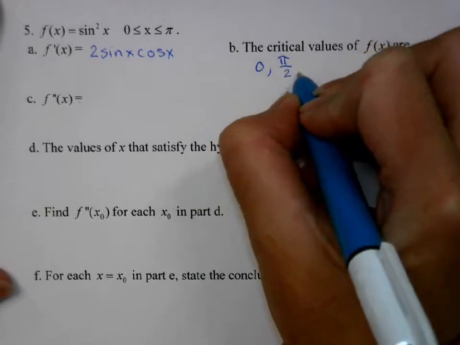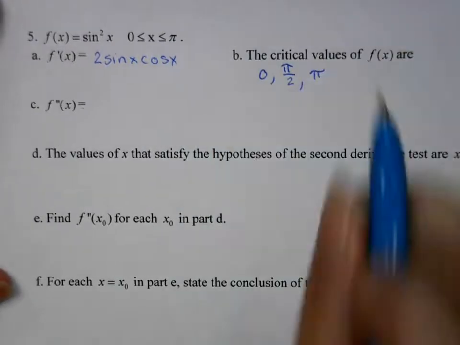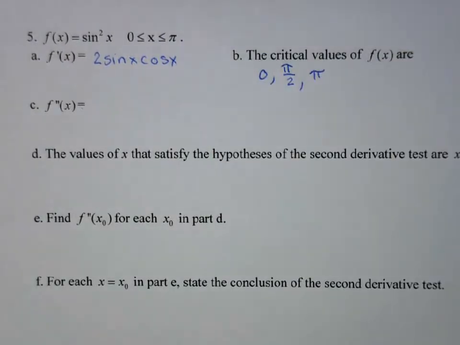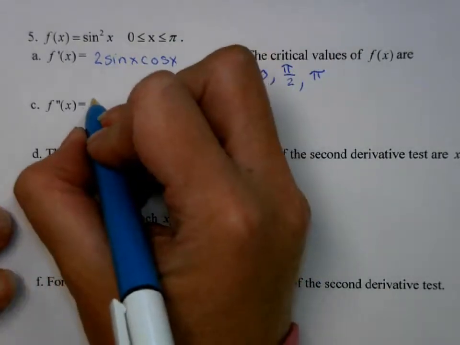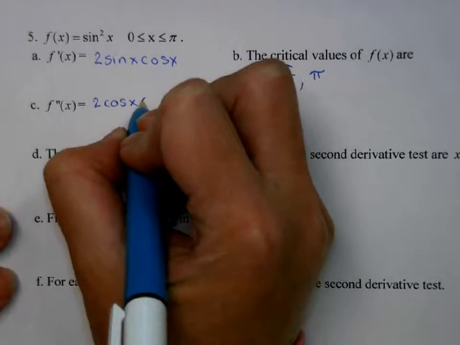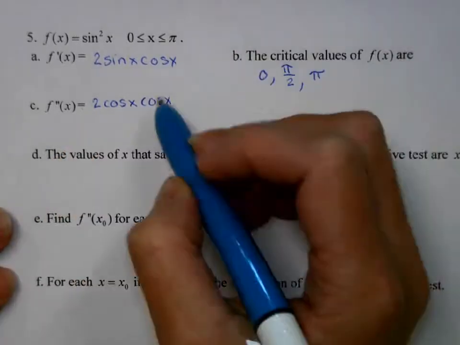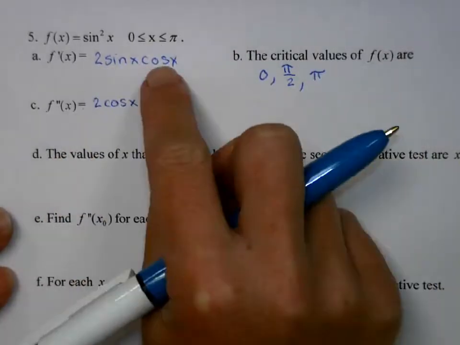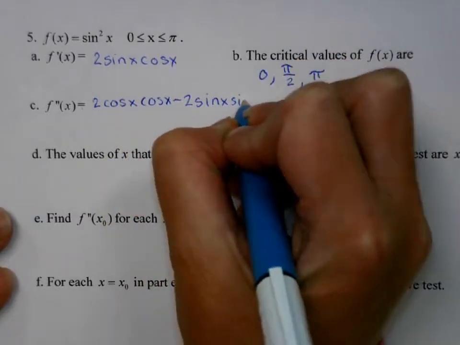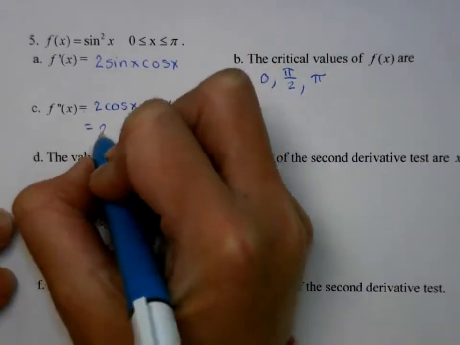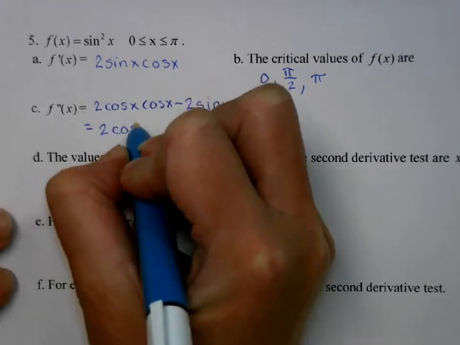So those are our critical values. The second derivative, using the product rule, is going to be 2 cosine x times cosine x, plus the derivative of cosine will be a negative, so we'll have negative 2 sine x times sine x. So that makes it 2 cosine squared x minus 2 sine squared x.